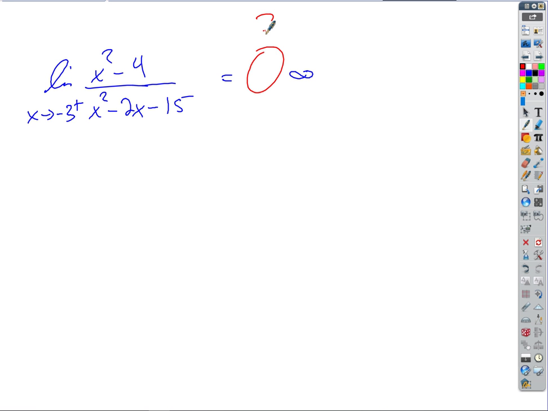I want you to think about this. It's hard to do if I try to just plug in negative 3 plus, so think negative 3.001 or something.